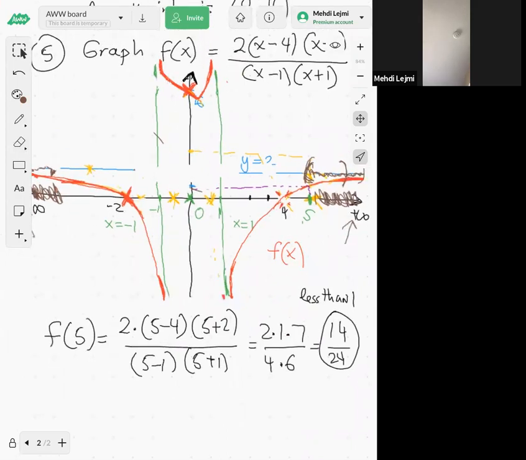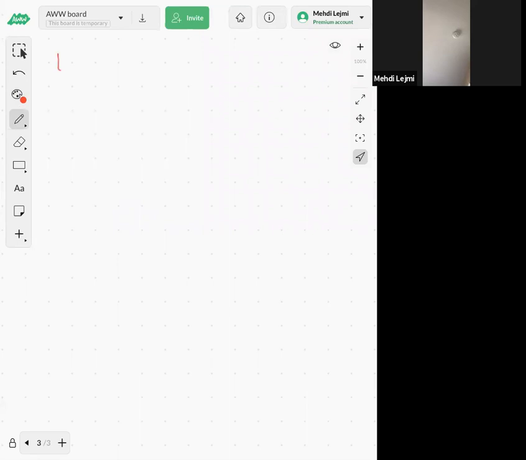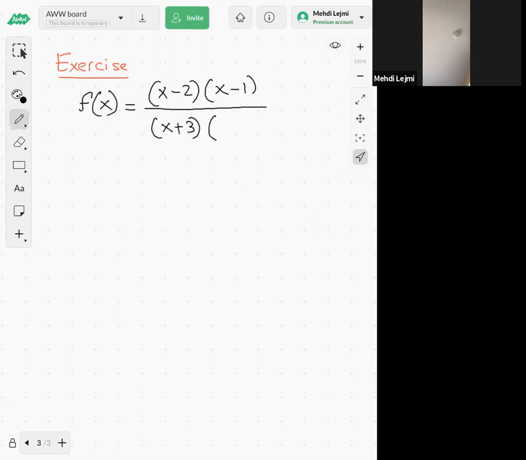So here's another exercise then. Let's say f of x is x minus 2 times x minus 1 over x plus 3 times x minus 4.